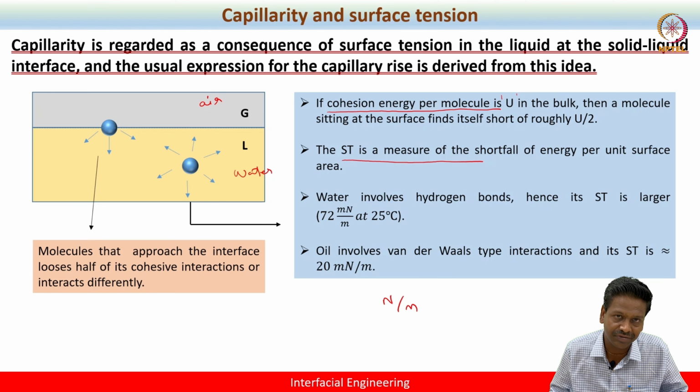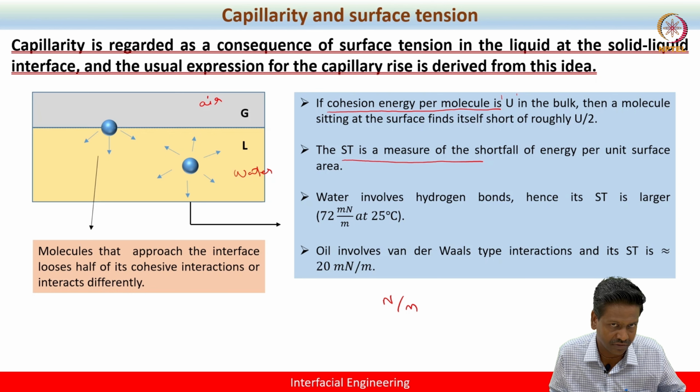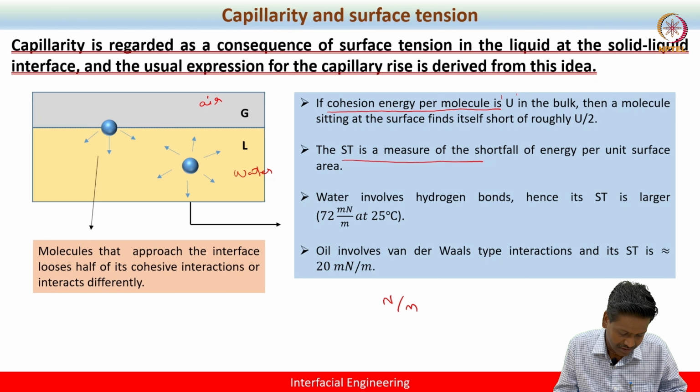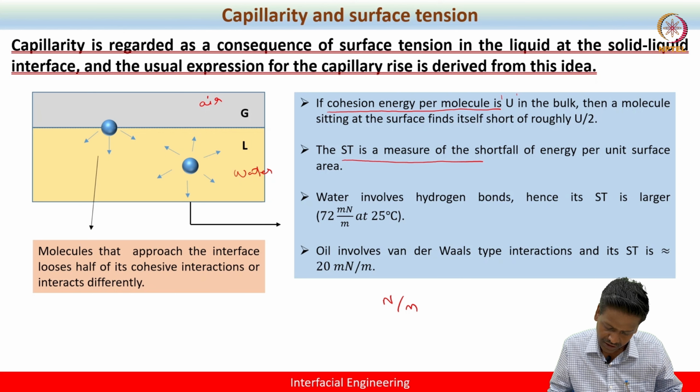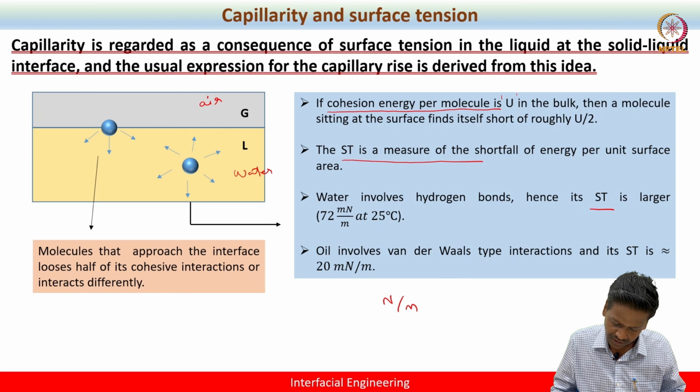This is always expressed in force per unit length, right? Length of the surface. Because this is acting at the surface, the shortfall of energy is due to the molecules, because some of the molecules are confined at the interface, correct? Right. So we can also get more insight into the surface tension.